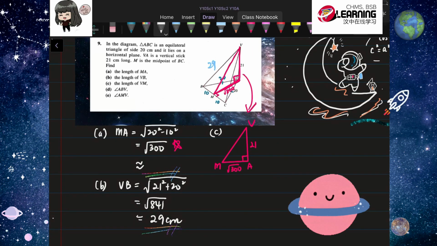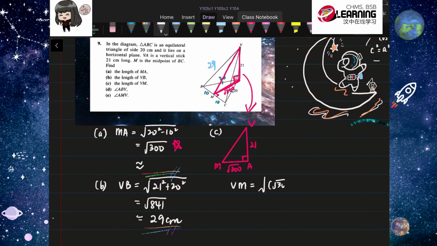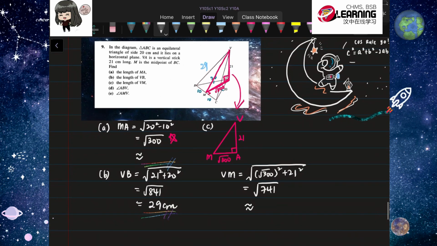So we can use Pythagoras Theorem for VM. Everything Pythagoras can. For now, this one is square root of 741. So you round off and write down the answer.